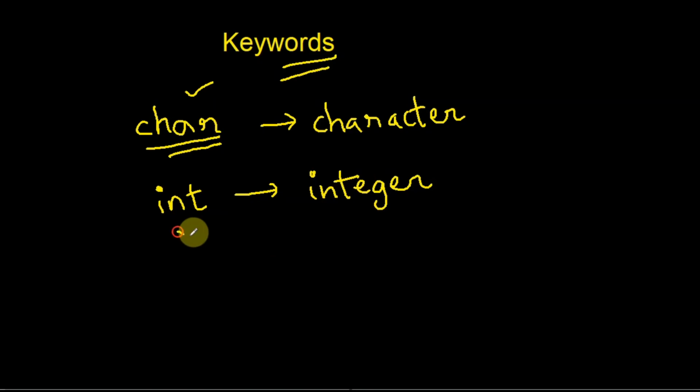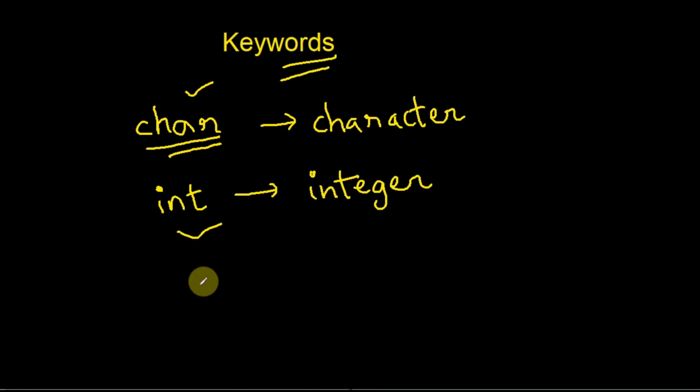There are many words like this reserved by the compiler, and you cannot use them because they have a special meaning in the program. Only the variables are user defined. You can have any variable name as long as it follows the rules.